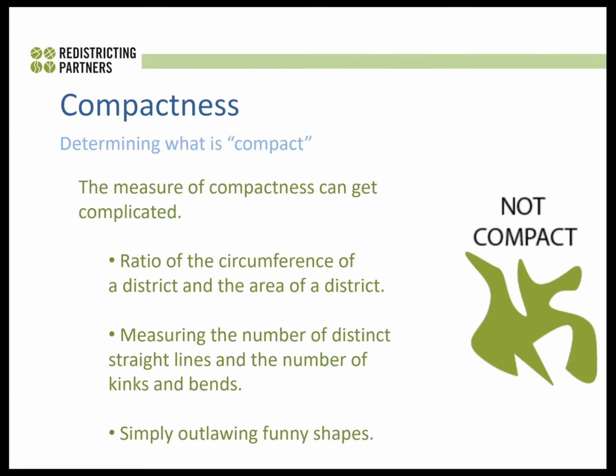There are some states who use mathematical formulas, ratios to determine compactness. But in the state of California, we have a very eloquent definition where it's essentially if you don't want to bypass a nearby population for another one when they are essentially the same. So we're trying not to bypass nearby populations.